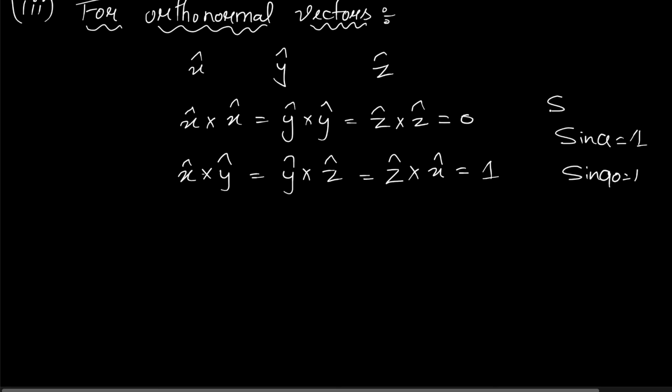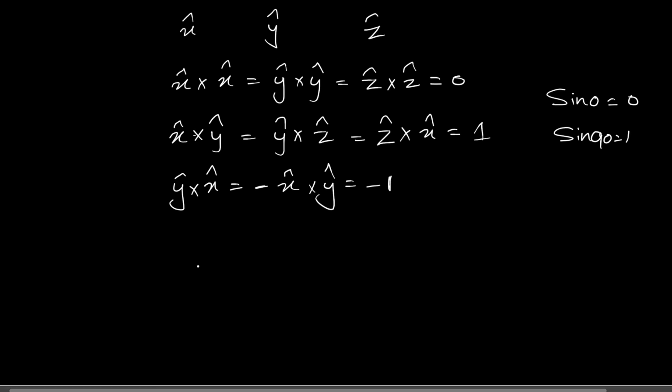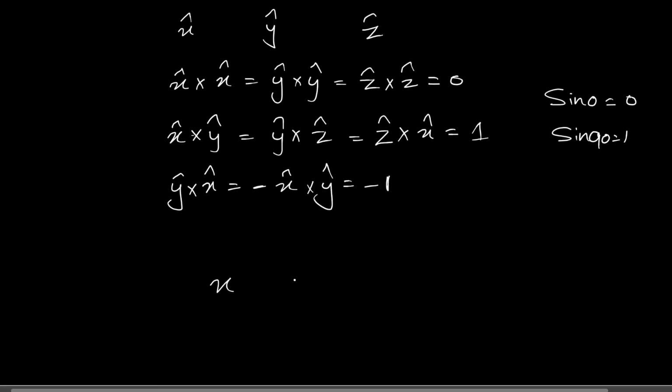Just remember the order, because it is not equal. If I put y cross x, it is nothing but the minus of x cross y, then its value comes out to be -1. Just remember the order.